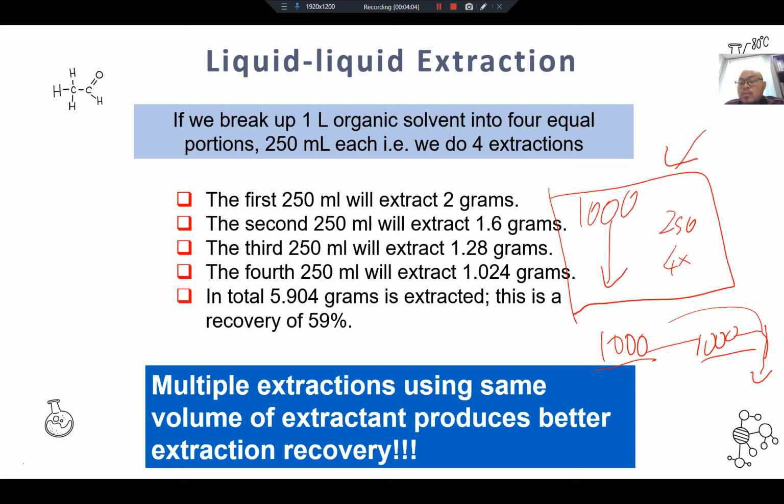You need to remove the solvent to make sure that the analyte is at the right concentration, because we don't want it too diluted. If it's too diluted, it will make the determination difficult. So multiple extractions using the same volume of solvent produce better extraction recovery. That's the conclusion lah for this particular discussion.